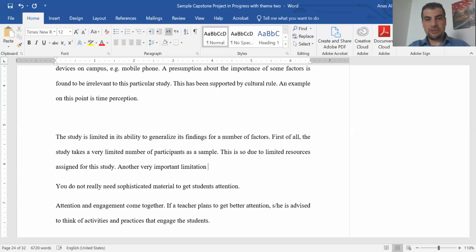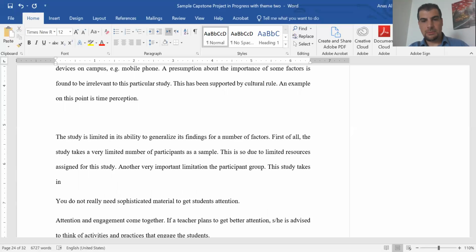Another very important limitation is the participant group. This study takes into consideration the views of the teachers and it ignores views from other major stakeholders.